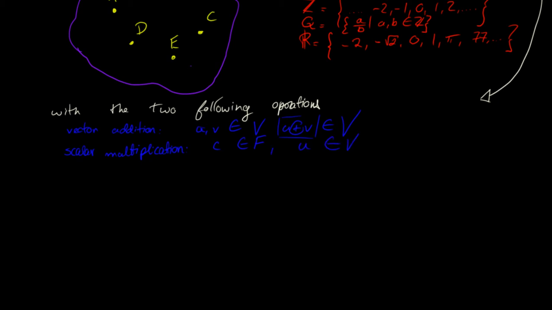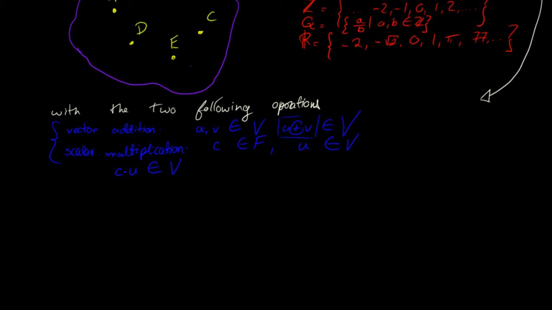Then scalar multiplication gives you C times U, and this result belongs to V. It resembles a scalar multiplying your vector. These are the two basic operations that you have when dealing with vector spaces.